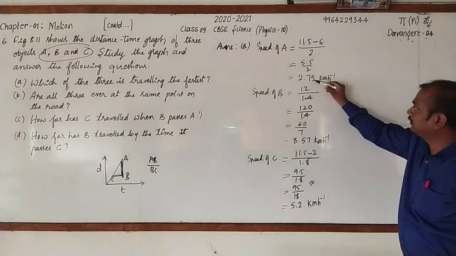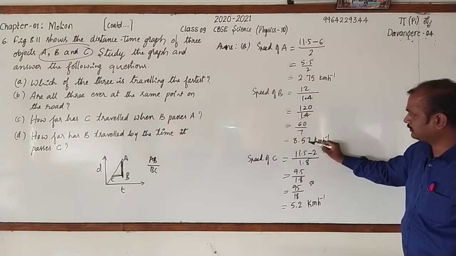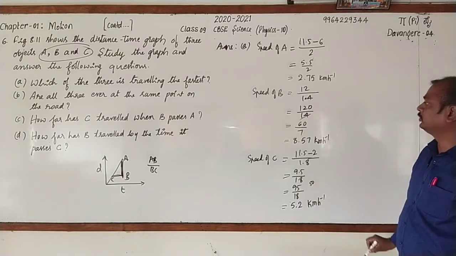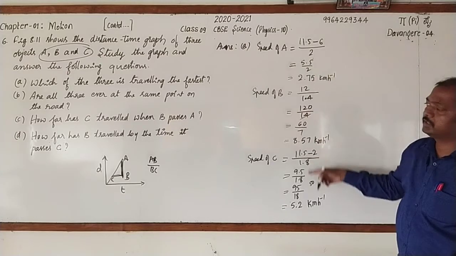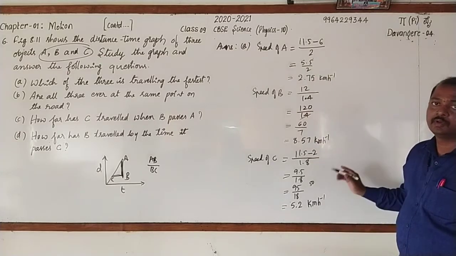Now you can find out which of the three is traveling the fastest. Compare the speeds: 2.75, 8.57, then 5.2. Which one? 8.57 is greater than the rest of the two. Followed?